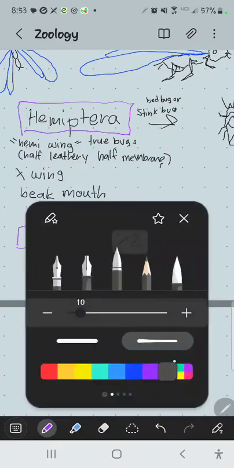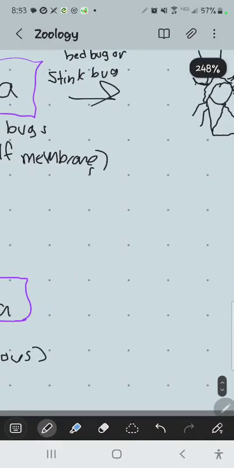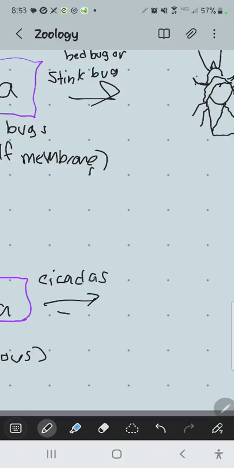So these include like the aphids, the mealybugs, and cicadas. And the cicadas are kind of actually out now in Reading. They're kind of emerging right about now, local ones. And you probably hear the cicadas at night. They're the ones that have this kind of screechy cry or call.